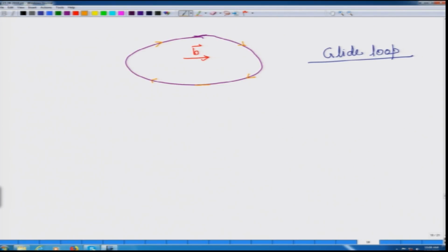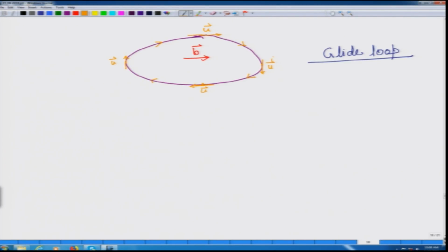Now, at this point, the line vector u is parallel, or in fact anti-parallel, to b. Similarly, somewhere over here the line vector would be parallel to b. Somewhere over here you would see that the line vector is exactly perpendicular to b, and somewhere over here again it is exactly perpendicular to b.